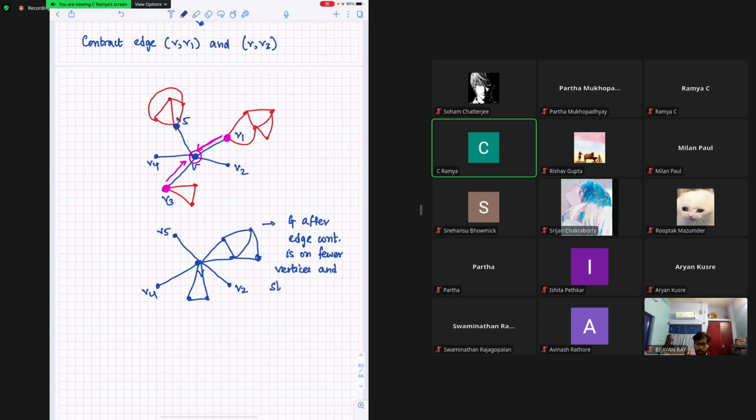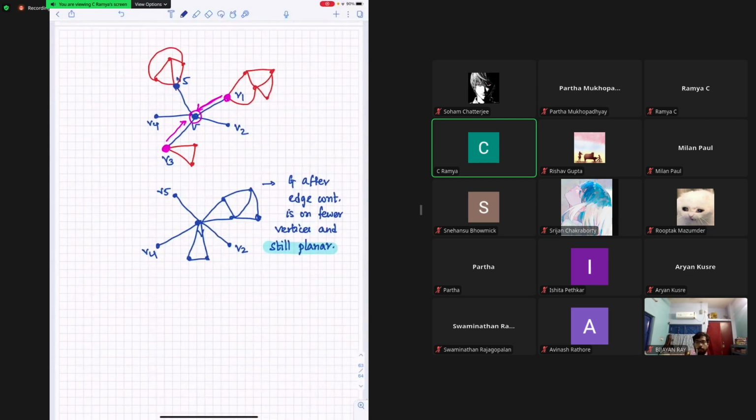That's very important, in the sense that edge contraction does not affect the planarity. It's just merging vertices, so the graph is still planar. So now you can still use the inductive hypothesis, and you know that this graph G after contraction can be five colored.